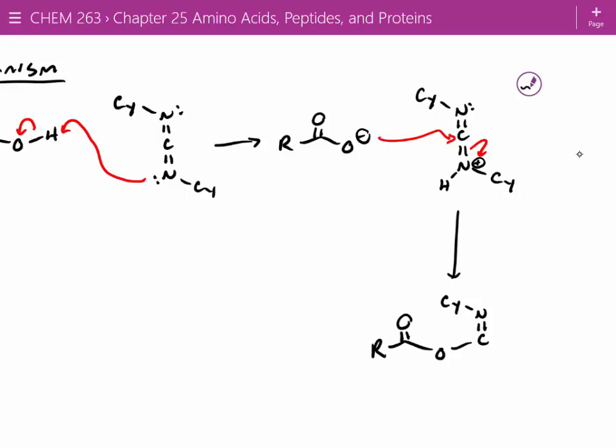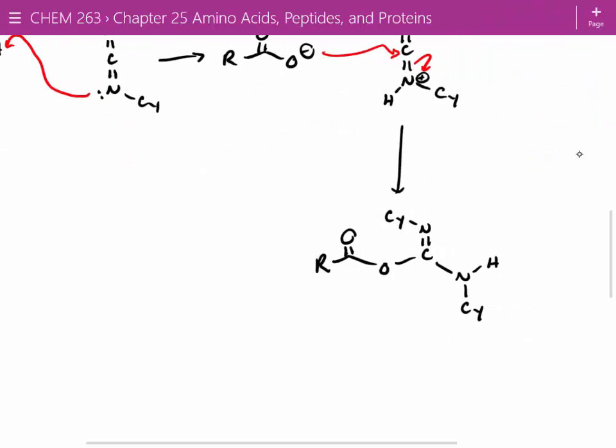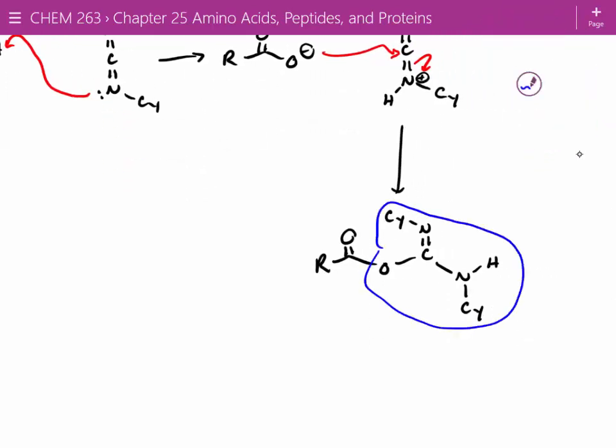We still have our cyclohexyl group. And there we go. All right, now we're set and ready to go. This is actually a good leaving group, and you'll see why here in a second. But I'll just circle it and say good leaving group.